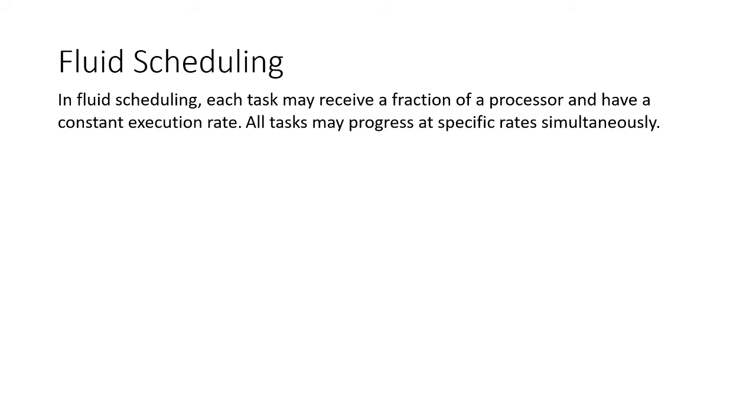When it comes to MC scheduling, there are two constant execution rates for high criticality tasks due to two different worst-case execution estimates.